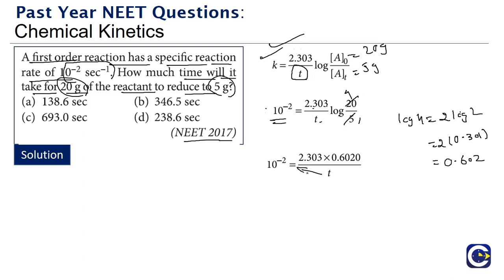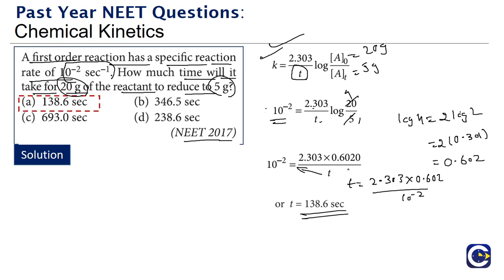So we are looking for the t value, so that means t will be equal to 2.303 into 0.602 divided by 10 power minus 2. On simplification we will get the answer as 138.6 seconds. It's a straight question based on the use of the first order rate expression.